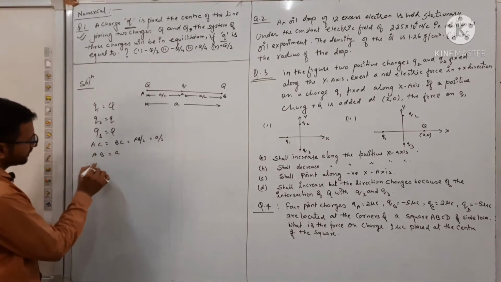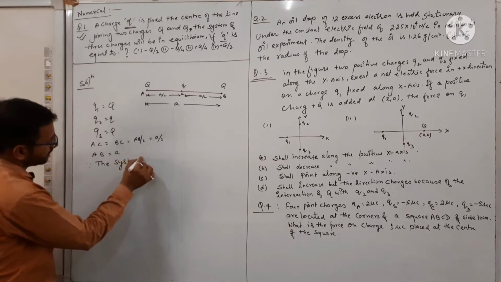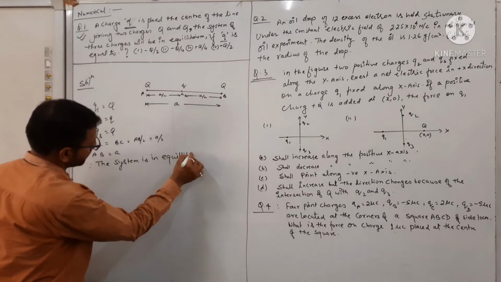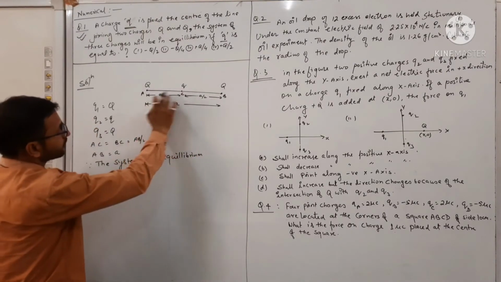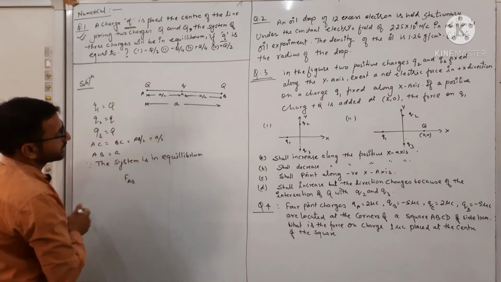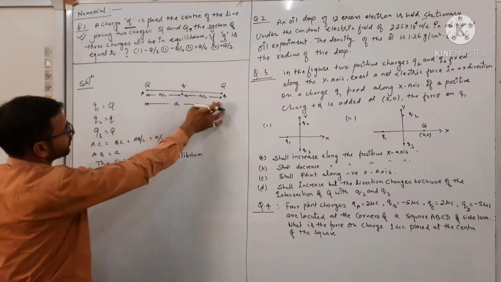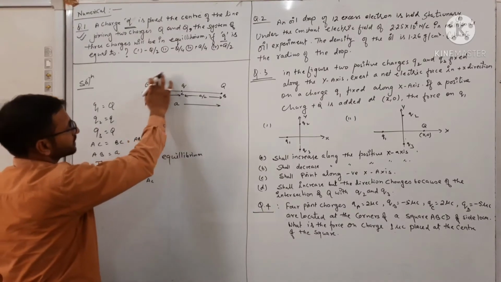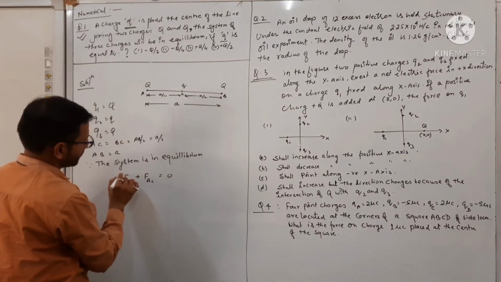So since it is given here that the system is in equilibrium, it means that the force between the charges placed at A and B, and the force either between A and C or B and C, means the force between plus Q and plus Q, and force between plus Q and minus Q, will be 0 here.